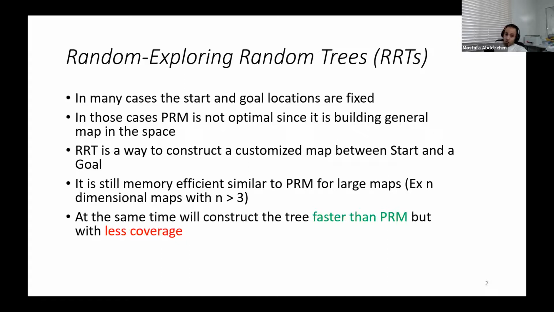So for some reason, even if the start and the goal locations are fixed, for example some change happens in the environment, a new obstacle or something is built in this geometry, then you need to rebuild the map again. And that would be an advantage for PRM in that case, because PRM is usually a general map.